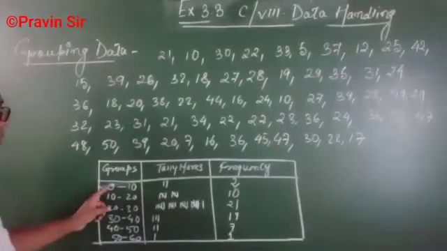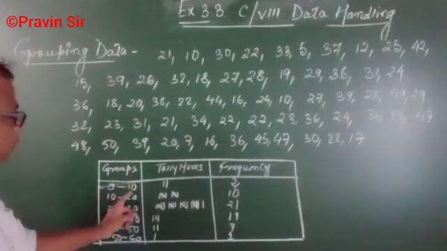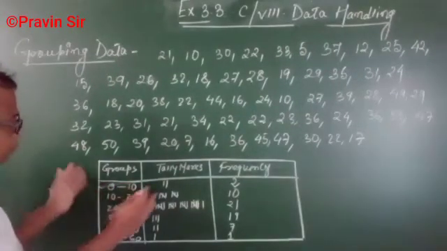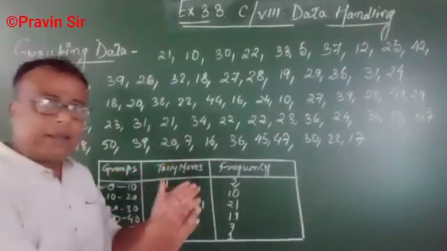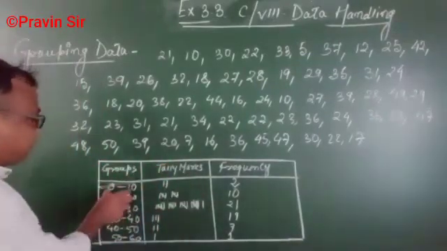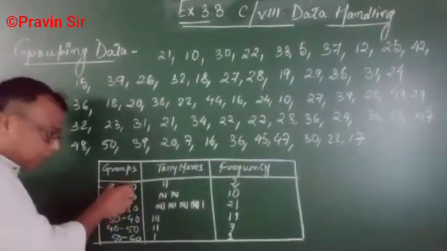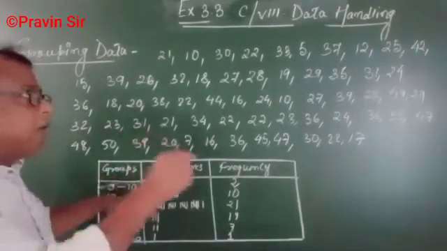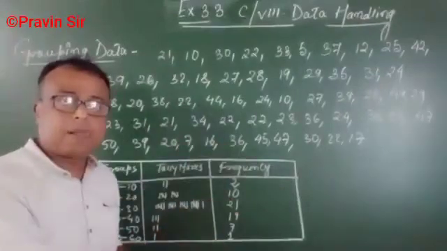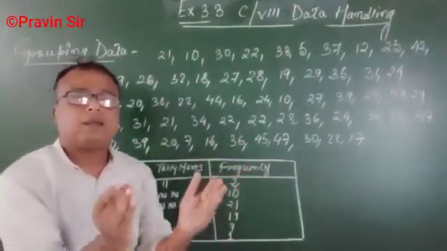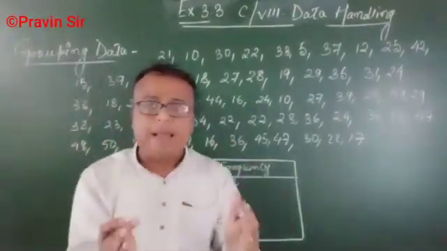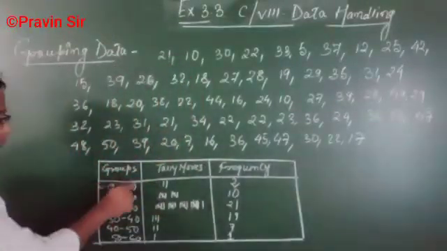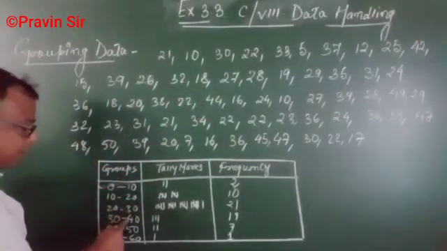You see here 0 to 10, 10 to 20. In one group, 10 students are included. If you write one by one, you have to write 10 times. But I have compiled that data in one group: 10 students here, 10, 10, 10, 10, 10.